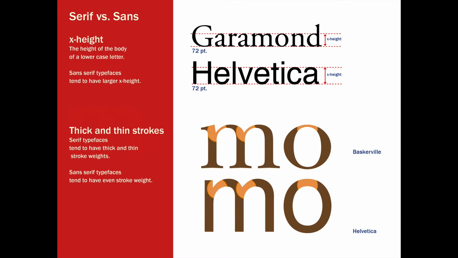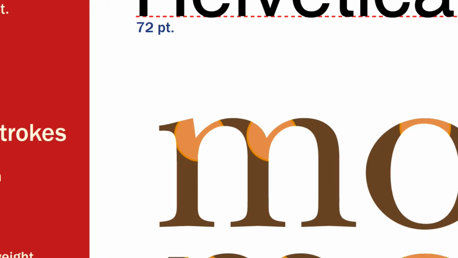And in general, sans serif typefaces are larger and serif typefaces are smaller. You'll also notice a difference in the way that thick and thin strokes are distributed. You can clearly see that in a serif typeface, there's a great deal of contrast between thick and thin, and that contrast, while it still exists, is much less generally in a sans serif typeface. It's a great way to develop your artist's eye to carefully study your favorite typefaces and observe how the thicks and thins are distributed.